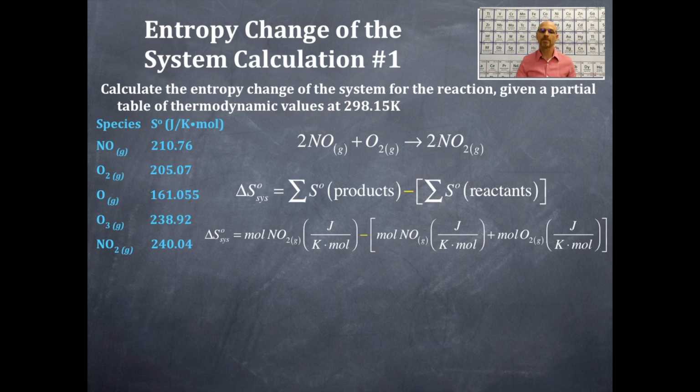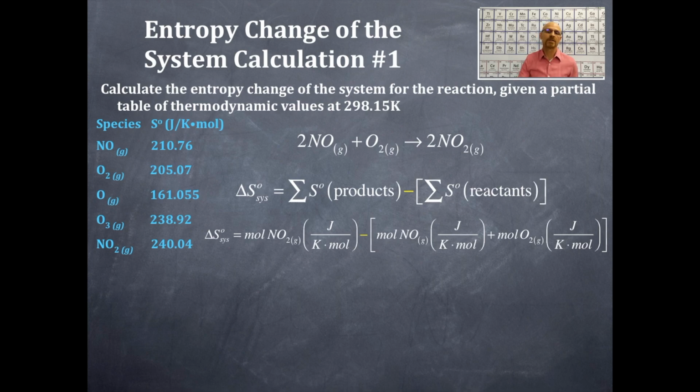This is a combination reaction, combining 3 moles and making 2 moles. So there's a decrease in the number of moles of gas, which means there's probably more order to this system. You want to have some concept of what the number should be in your mind before you do the calculation.